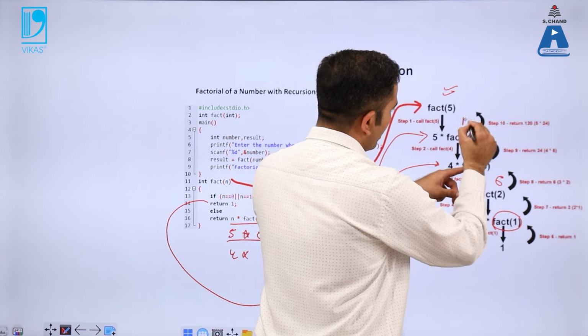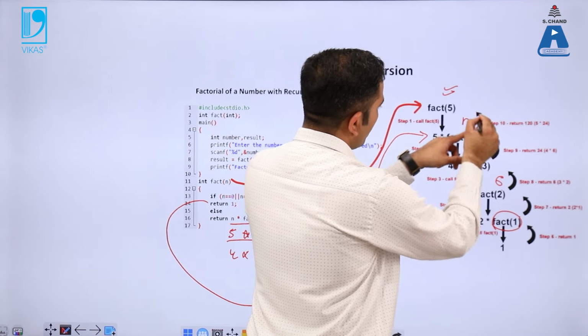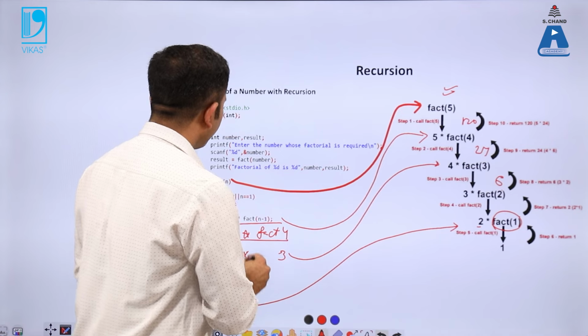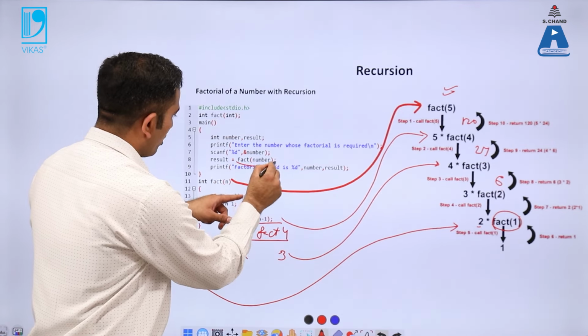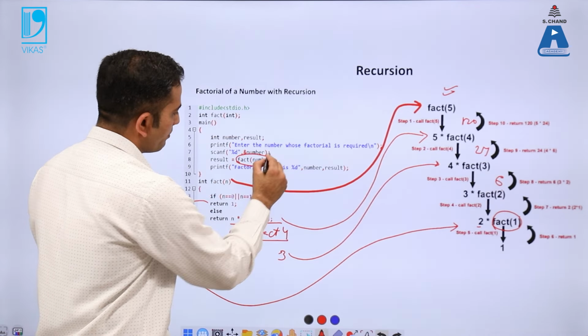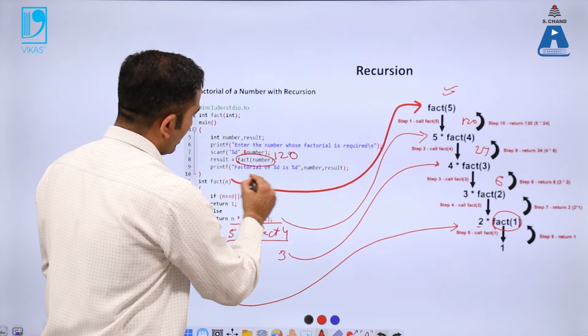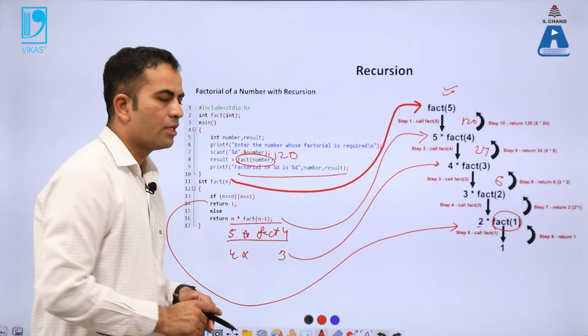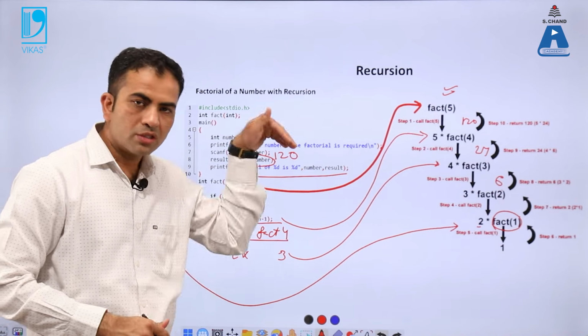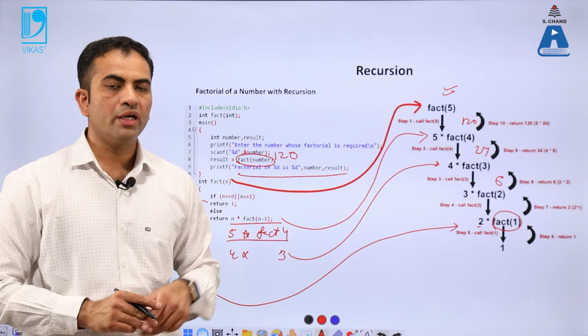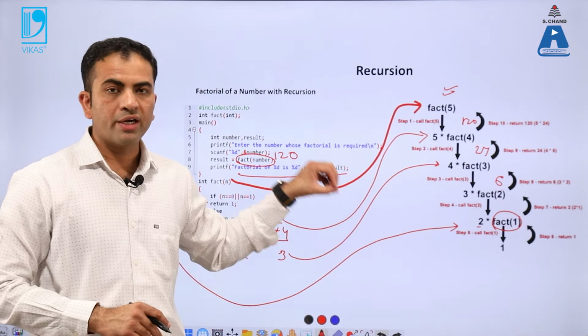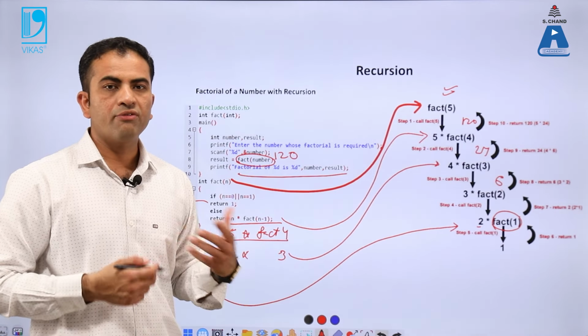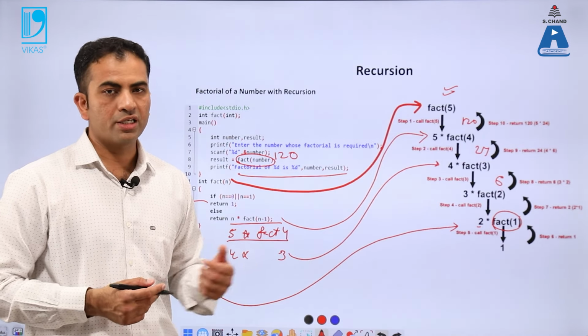Okay, 120. 120 will be returned here, and finally the meaning of this function calling becomes 120 and we have printed the result 120. So this is how the recursive function calls, and this is the program of a factorial, how to find out the factorial of a number using recursion.